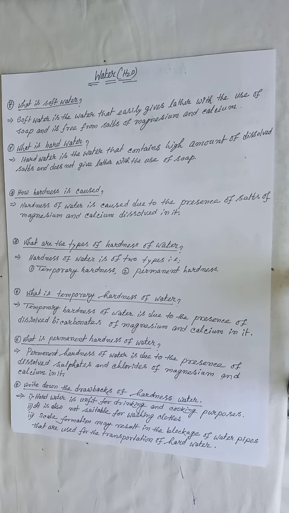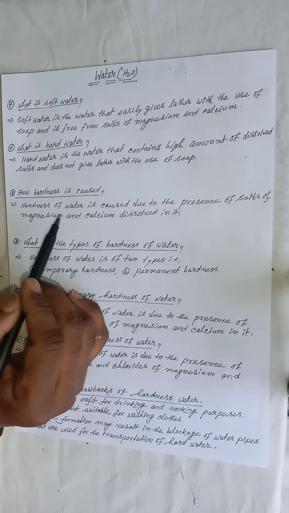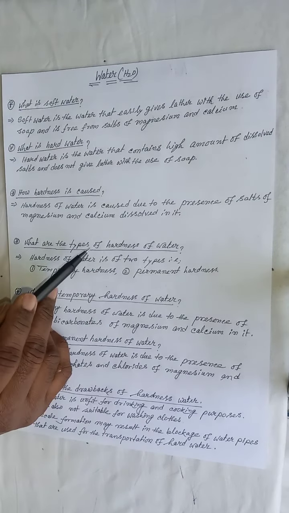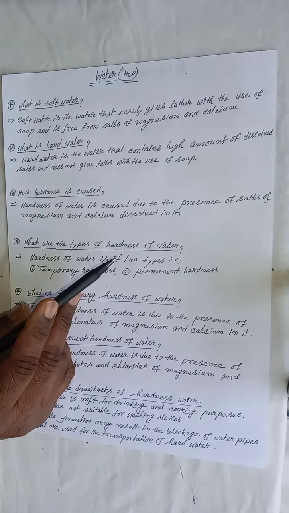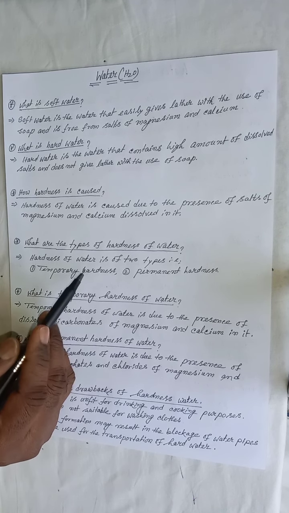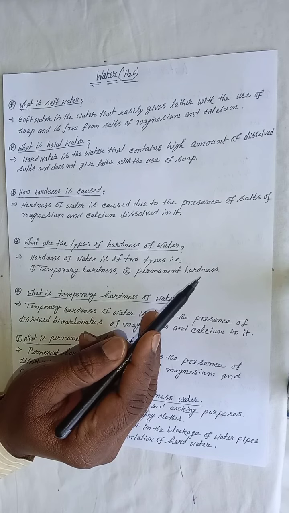How is hardness caused? Hardness of water is caused due to the presence of salts of magnesium and calcium dissolved in it. What are the types of hardness of water? There are two types of hardness of water, that is temporary hardness and permanent hardness.